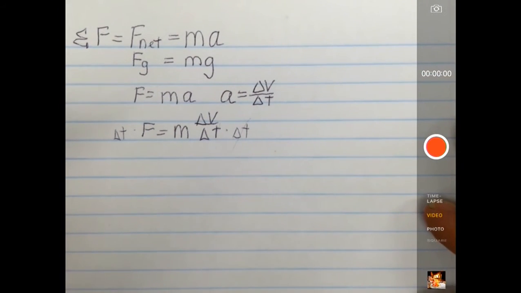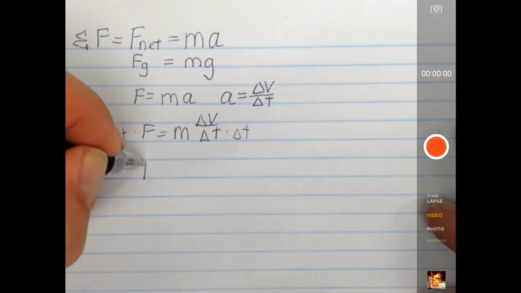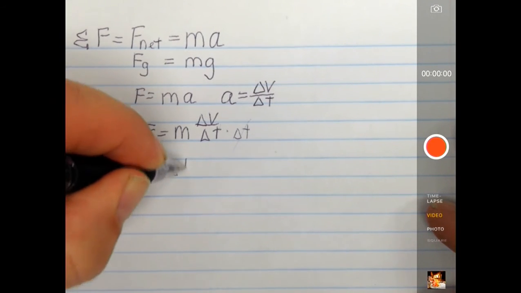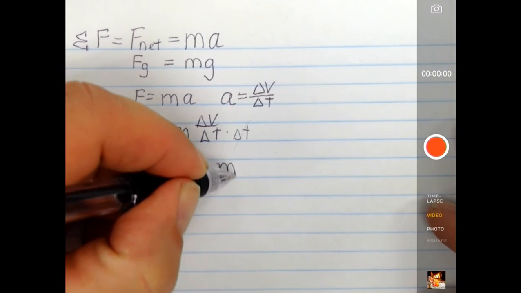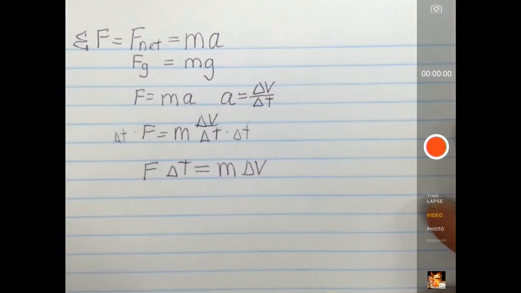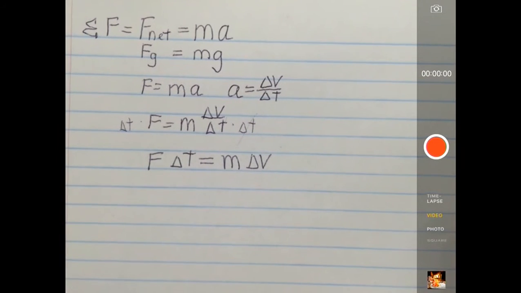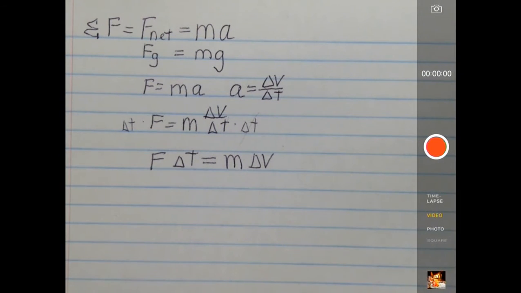And writing this one last time, it's F times delta t is equal to m times delta v. Now, what is that? This is an entirely new concept in physics for you students. This is not anything that we've had before now in this course.